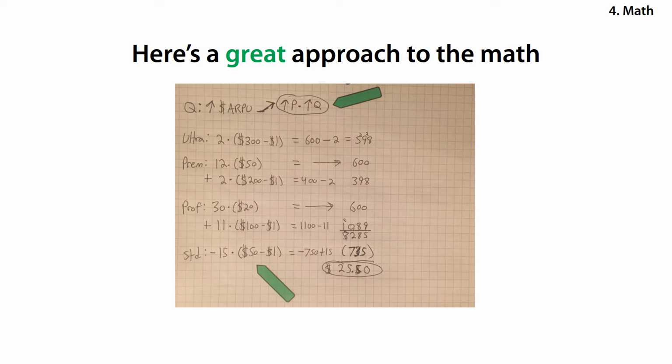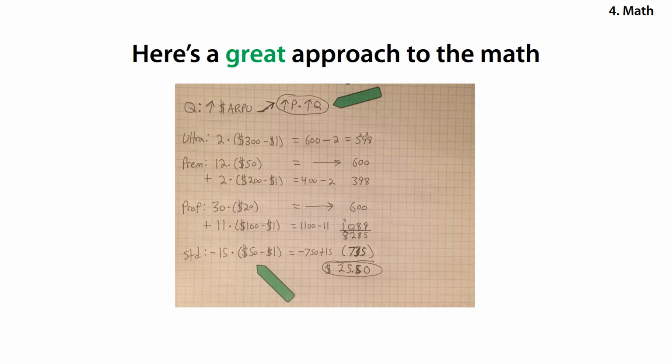And then the Standard package, we're actually losing 15 customers that were paying us $49, so 50 minus 1. 15 times 5 is 75, times 10 is 750, minus 15, so that's 735. Then I just need to add this down.